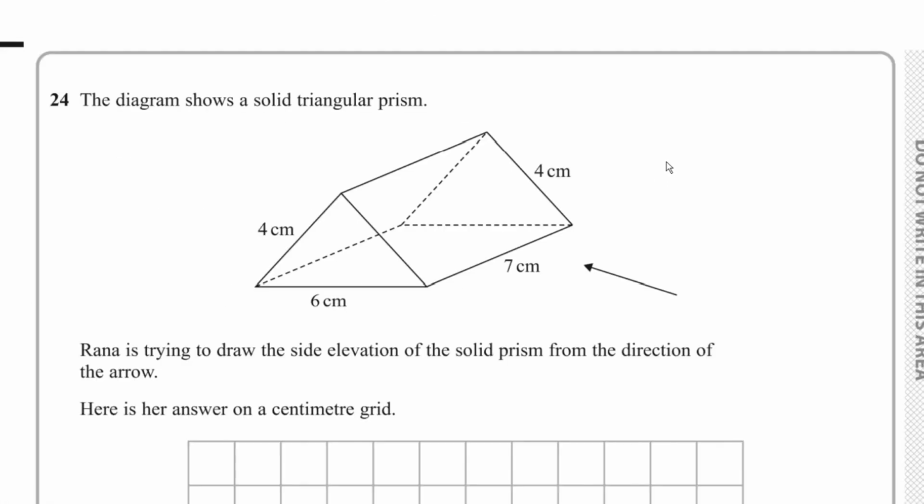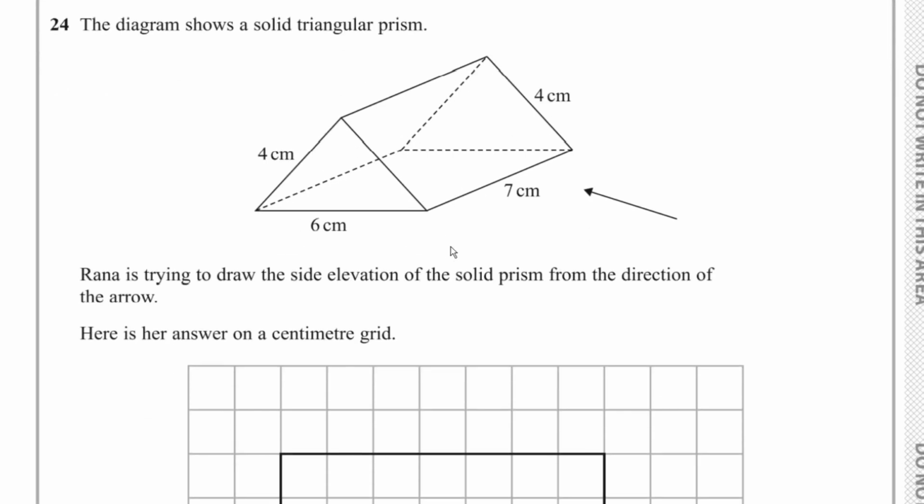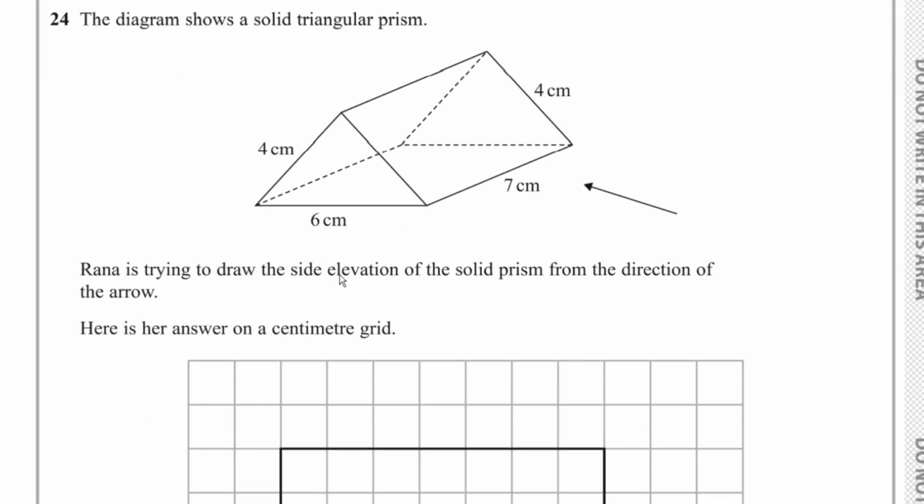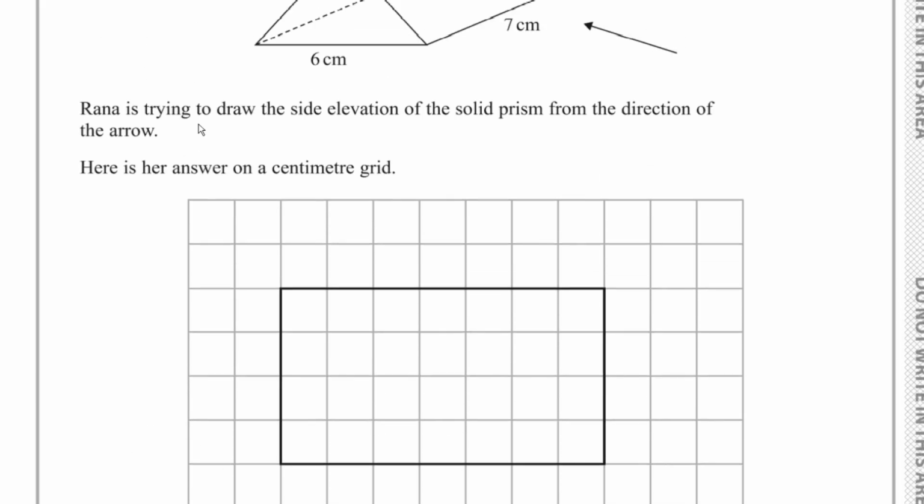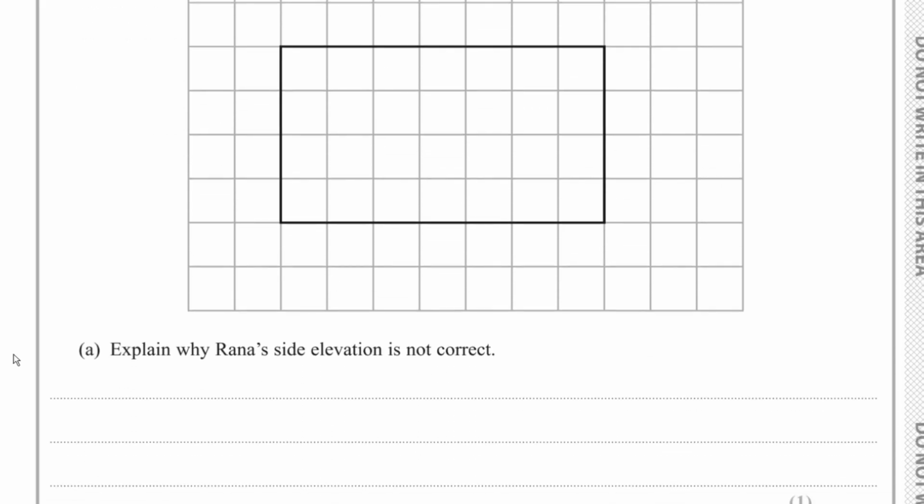Question number 24. The diagram shows a solid triangular prism, as we see here. Rana is trying to draw the side elevation of the solid prism from the direction of the arrow. Here is her answer on a centimeter grid. We have to explain why Rana's side elevation is not correct.